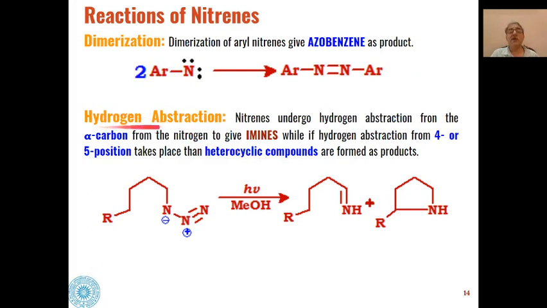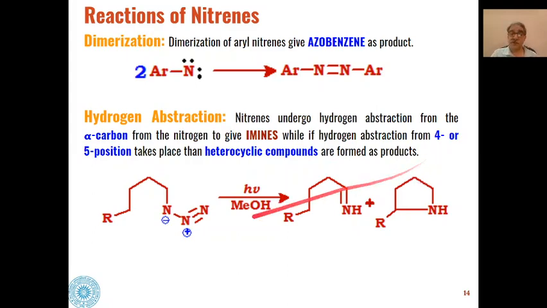Then, if there is a possibility of hydrogen abstraction, nitrenes can undergo hydrogen abstraction from the alpha carbon. When hydrogen abstraction is from the alpha carbon, we will get Schiff's bases or amines as the product. Whereas if hydrogen is abstracted from the 4 or 5 position, then we will get heterocyclic compounds as the product.